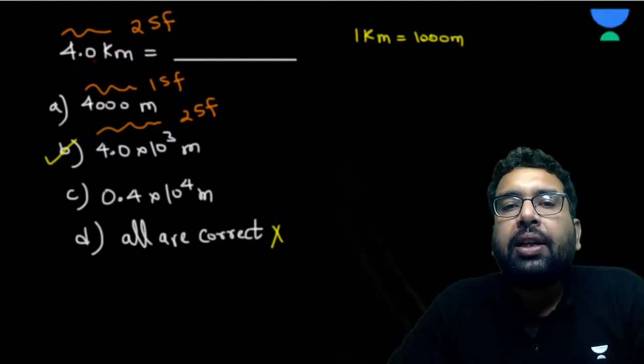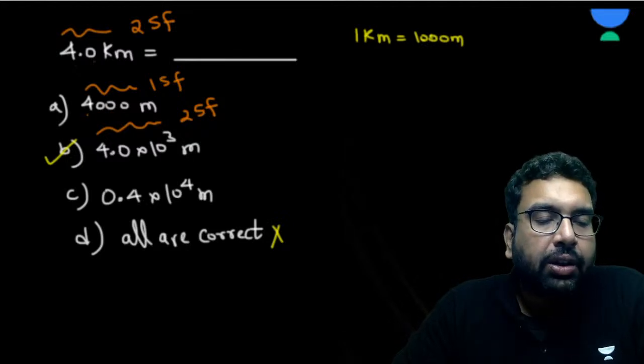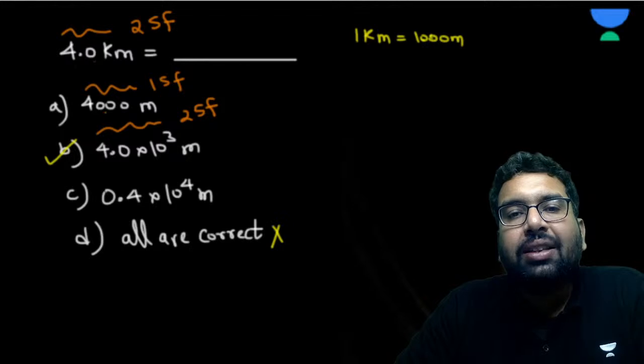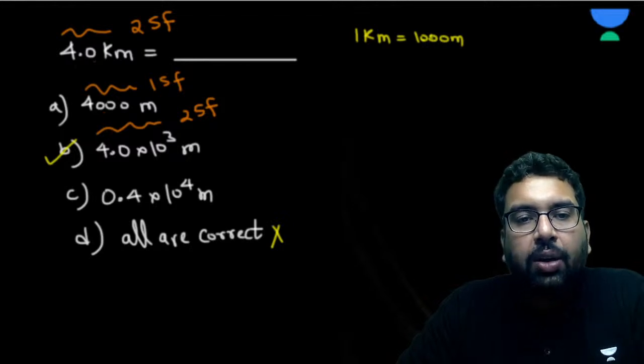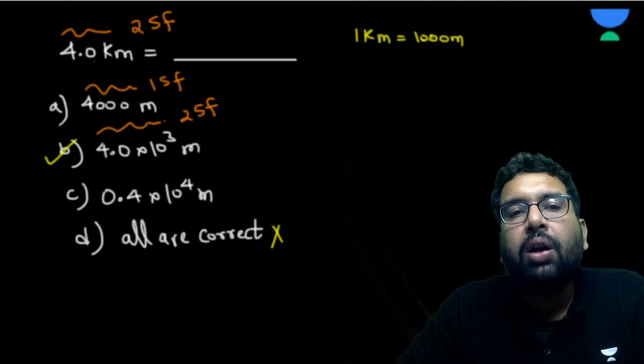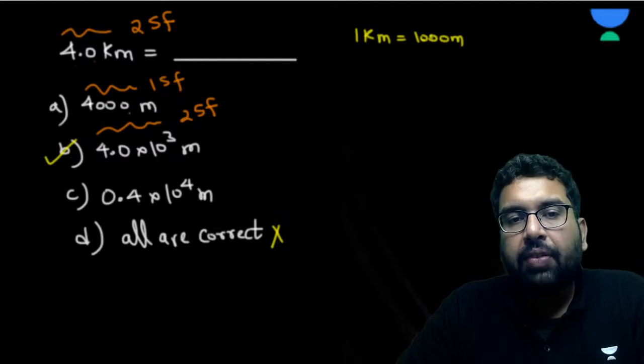Now in the first option, 4 is a significant figure because it is non-zero, and these three zeros in the end are not significant, because they are ending zeros and they are not after the decimal. So there is only one significant figure here.